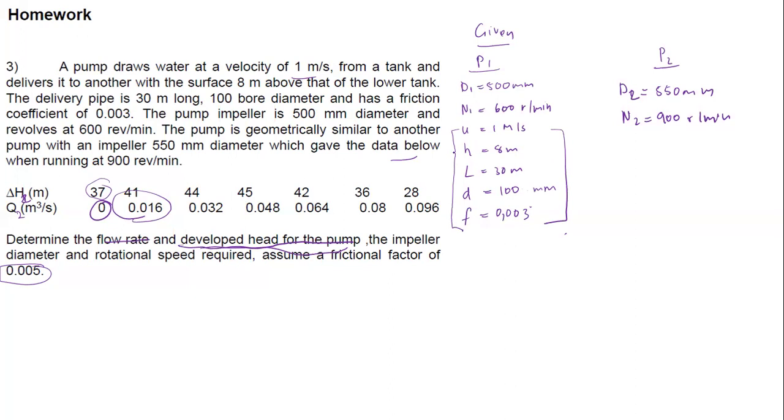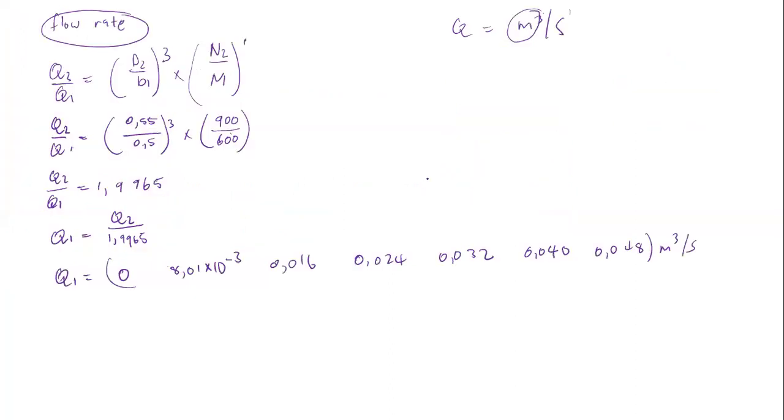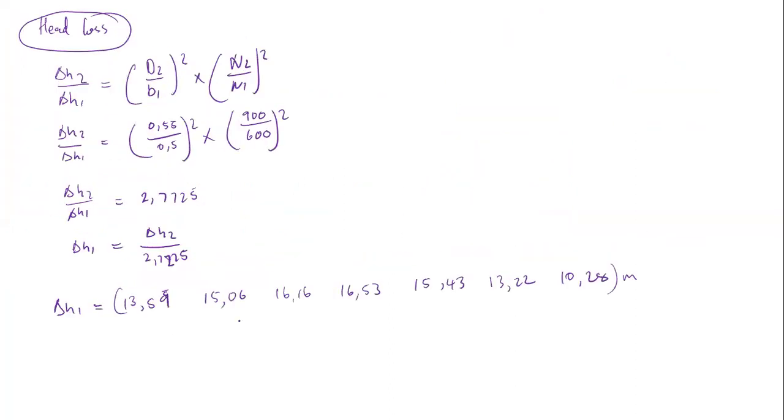So for pump number one, we're going to have to determine the head loss first. The head loss, in this case, we're going to use the equation friction multiplied by L over D multiplied by U squared, which is velocity, divided by 2G.